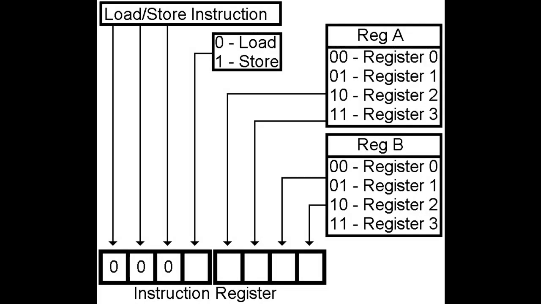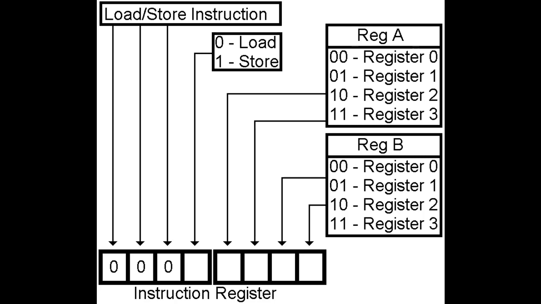The load and store instructions are used to move data to and from RAM. The RAM address to be used is specified in reg A, and in the case of a load, the data is taken from RAM and written to reg B, or in the case of a store, it is taken from reg B and written to RAM. The first 3 bits of a load or store instruction are always 0.